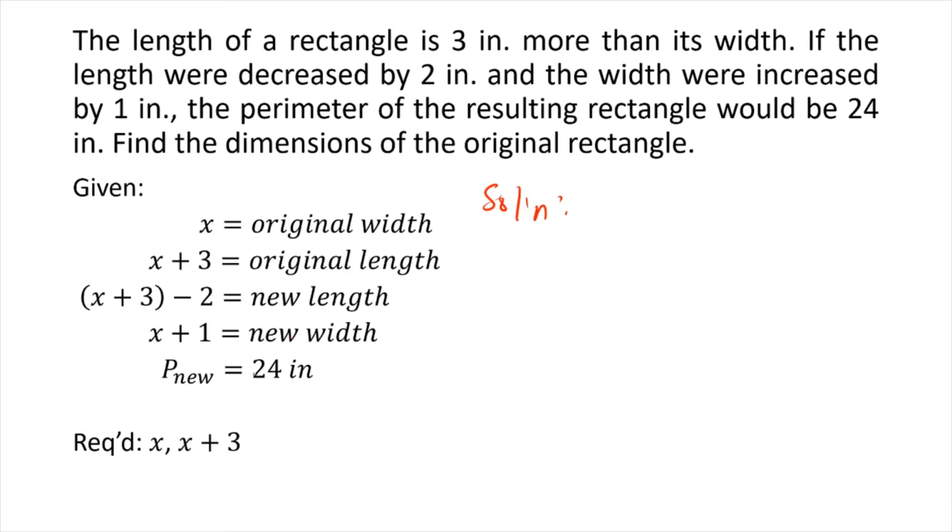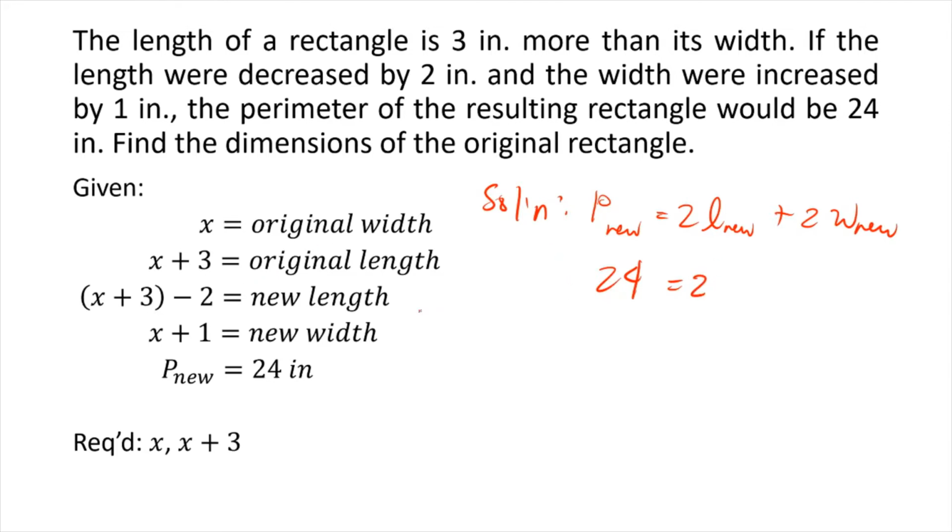Let's solve in terms of the new rectangle because we have the perimeter of the new rectangle. So that would be twice the length of the new rectangle plus twice the width of the new rectangle. The perimeter of the resulting or the new rectangle is 24 inches. So plug in 24 equal to 2 times the length of the new rectangle.